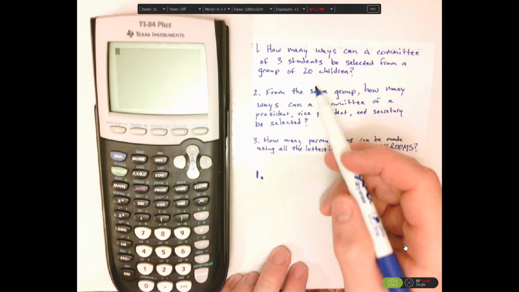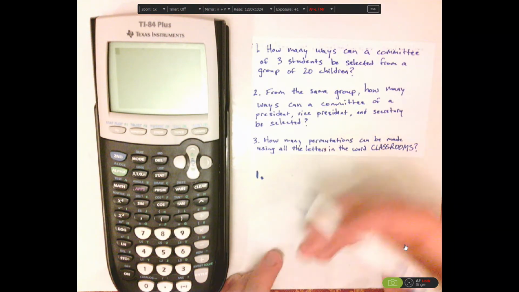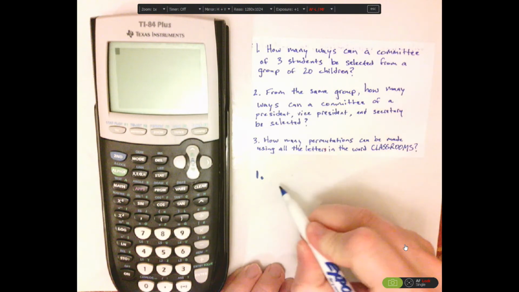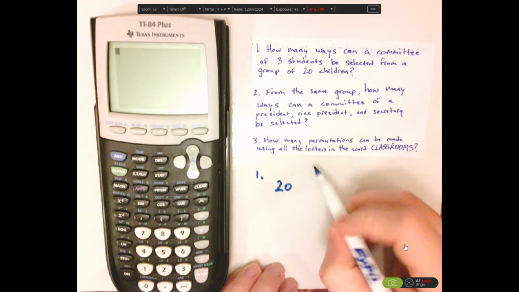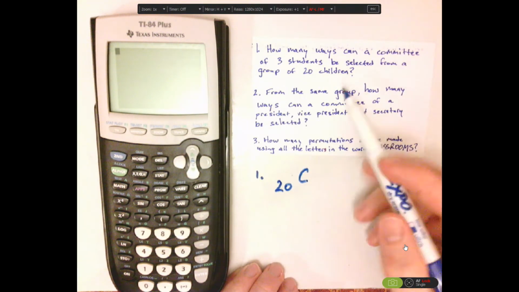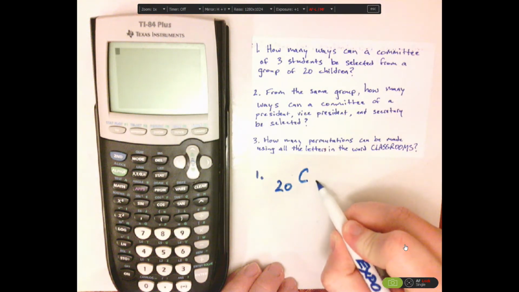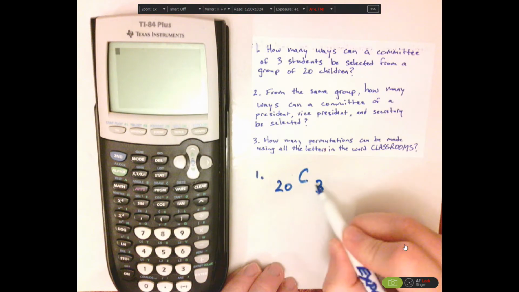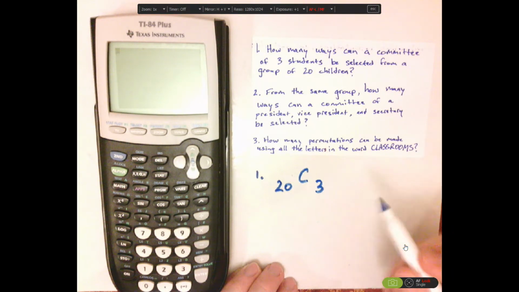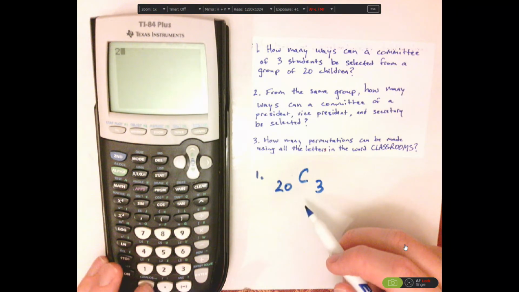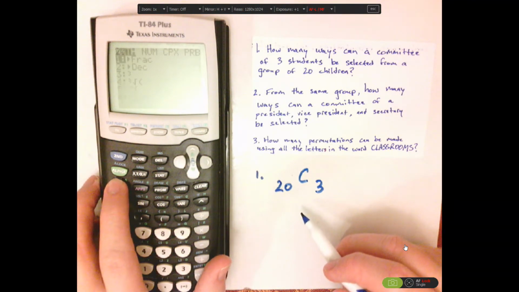So first you put in n, that's kind of your sample size or what you have in your set. So that would be 20. So 20C, and we're choosing 3, so our r would be 3. Now in your calculator, type that 20 in first. You're going to use math.